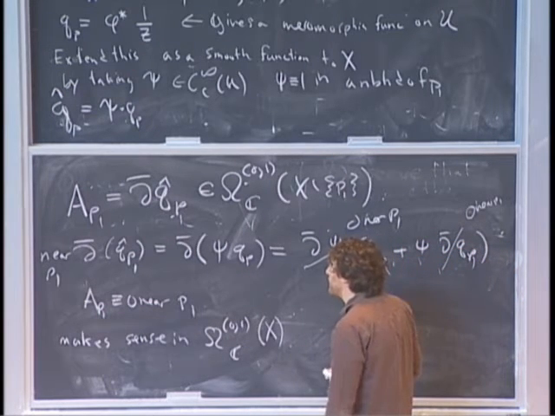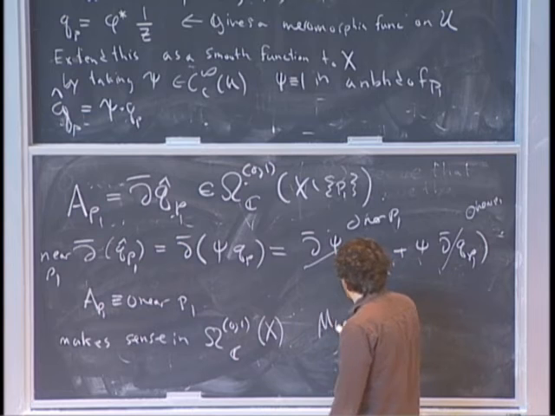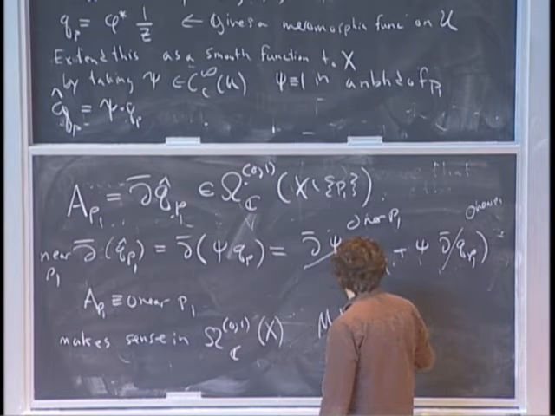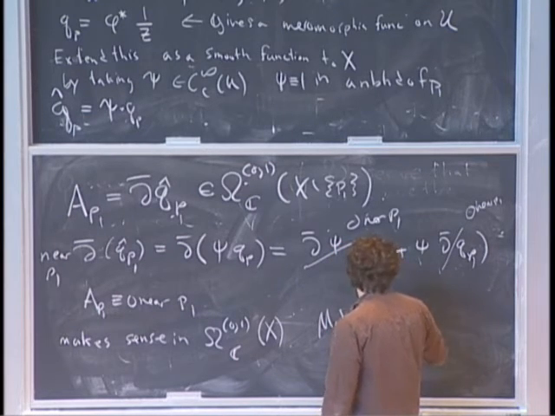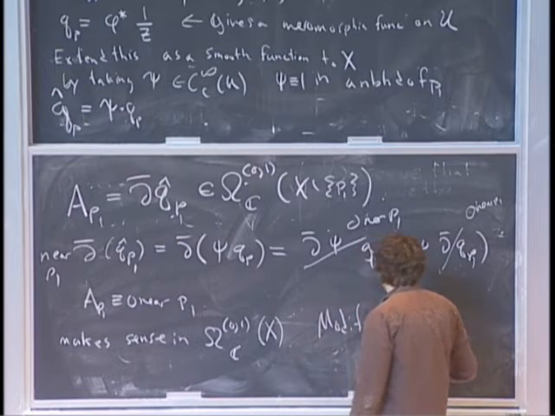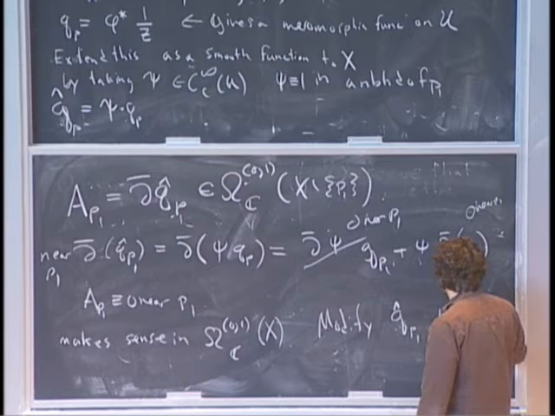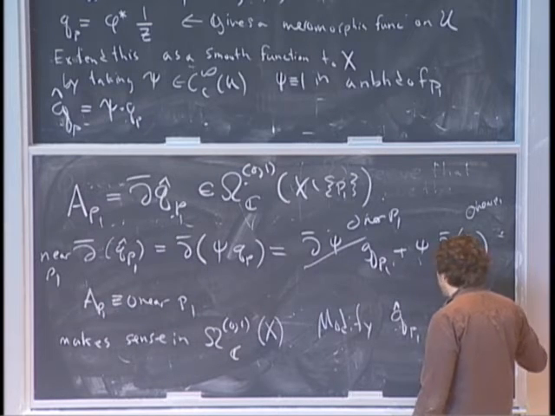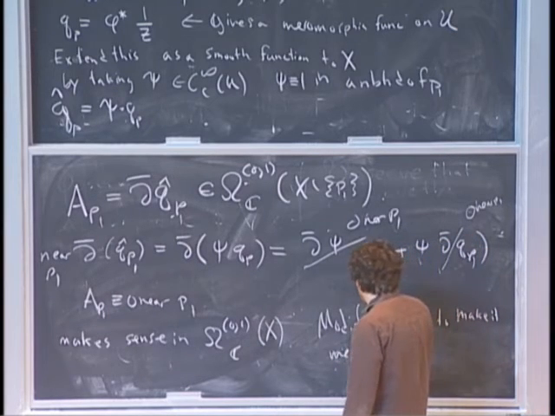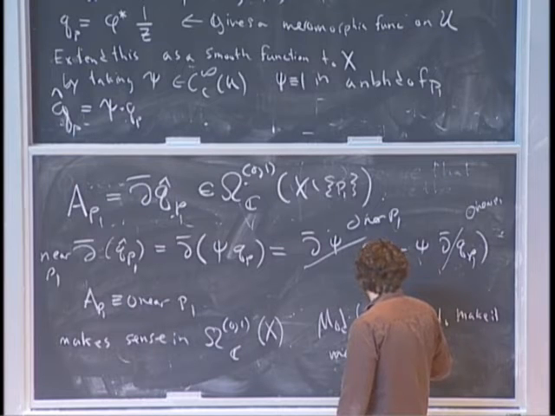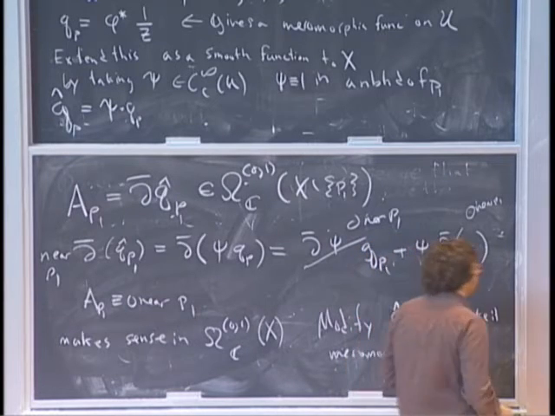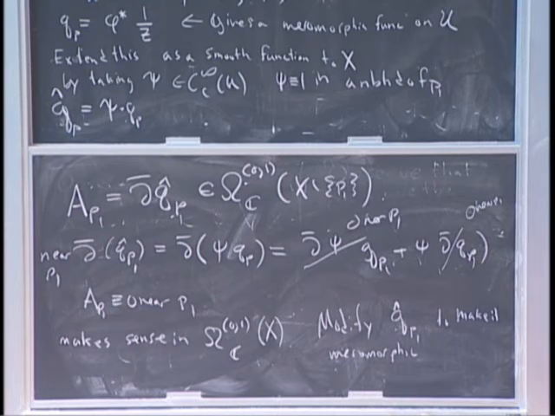So we want to modify Q hat of P1 to make it, let's say, meromorphic. Okay, so what does that really entail?